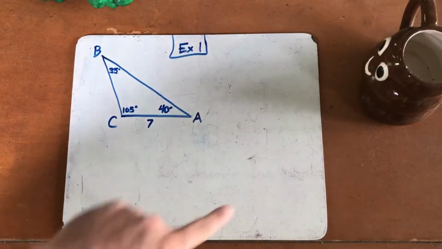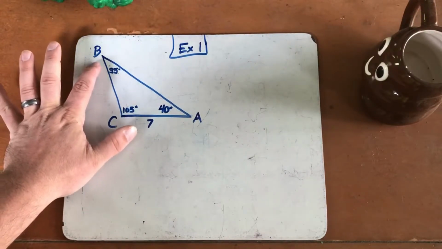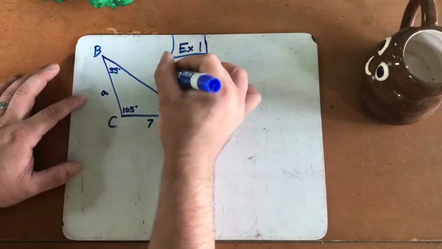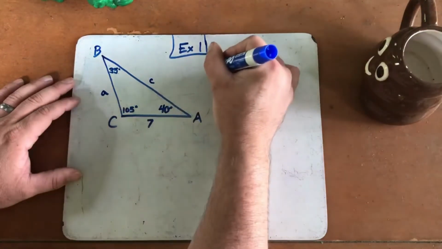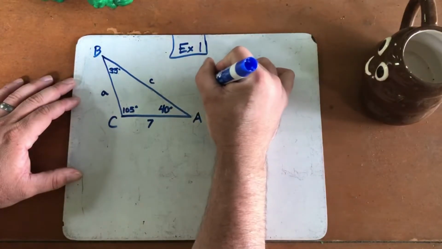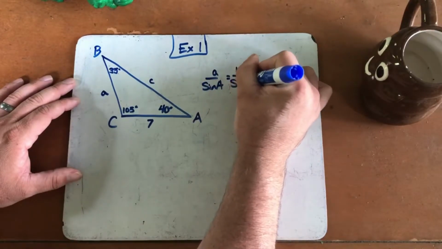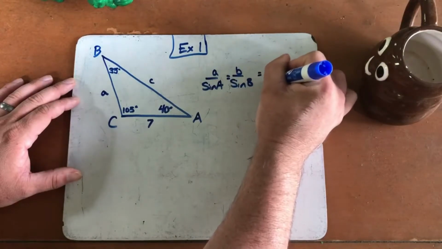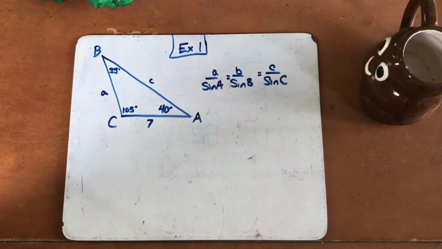So from here, I have all three angles, and I have one of my matching sets, big B and its opposite side. The one that I don't know would be little a, and this one that I don't know would be little c, all right? So if I use a over the sine of capital A equals b over the sine of capital B equals c over the sine of capital C, I can use this to solve for my two missing sides, okay?